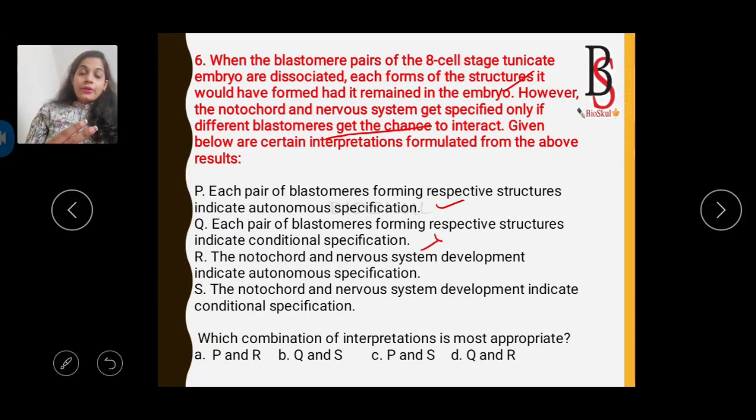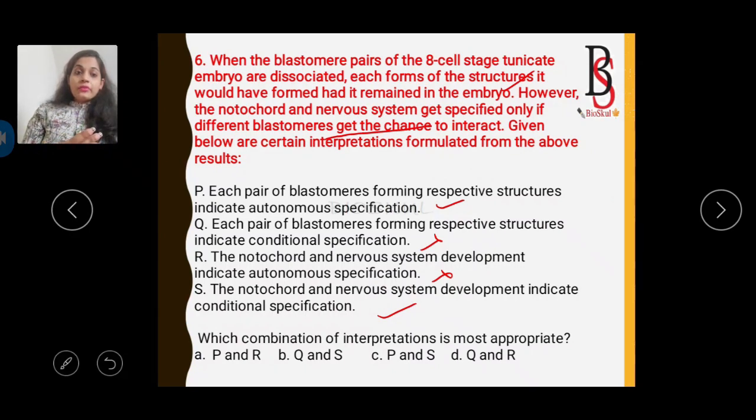No. The notochord and nervous system development indicates autonomous specification. No, because here it is written that notochord and nervous system get specified only if different blastomeres get the chance to interact, meaning if they interact with the different blastomeres or the neighboring cells. So that is conditional specification. The notochord and nervous system development indicates conditional specification. Yes, it is conditional specification.